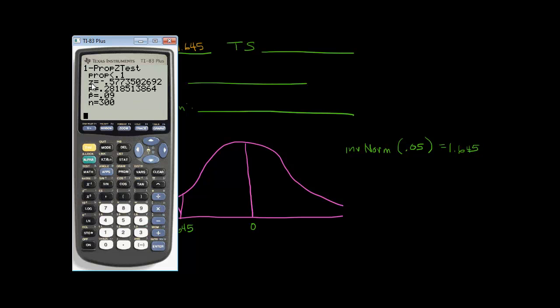Okay, here is our test statistic, the z-score negative 0.57735, so that would round to negative 0.58, and then we have a p-value of 0.281851, rounding to 4 would be 0.2819. Here's our p-hat, that 9% we saw earlier, and the sample size of 300.